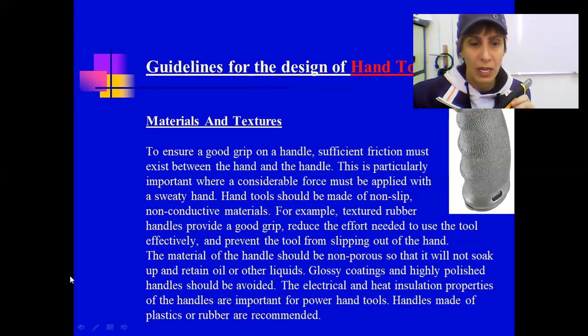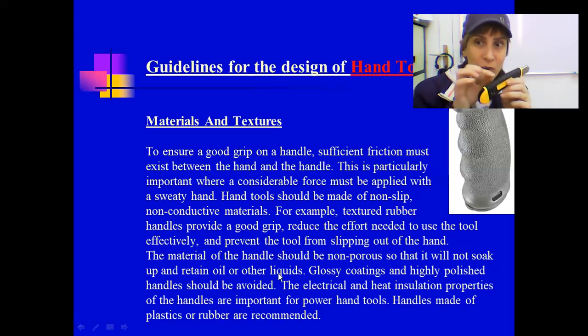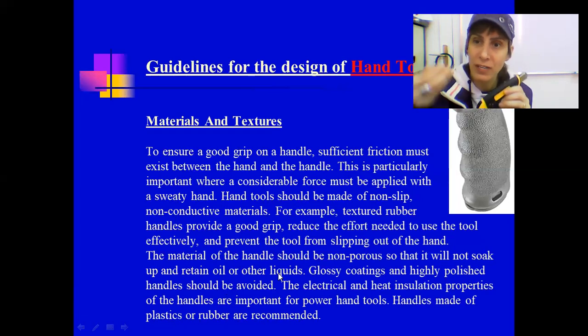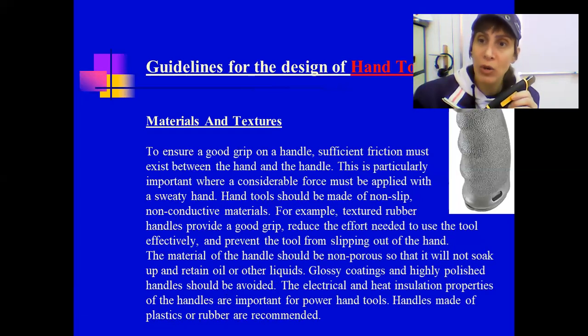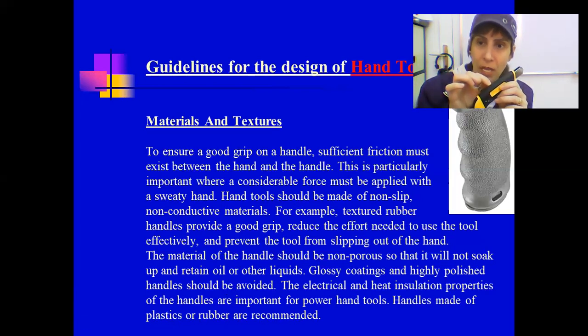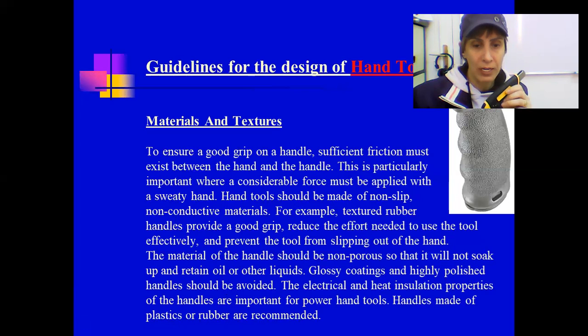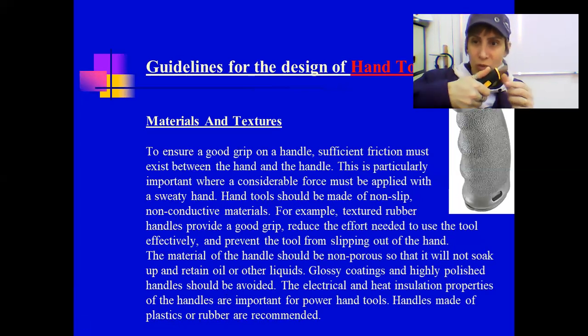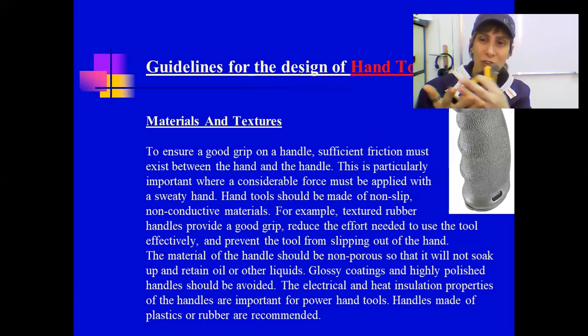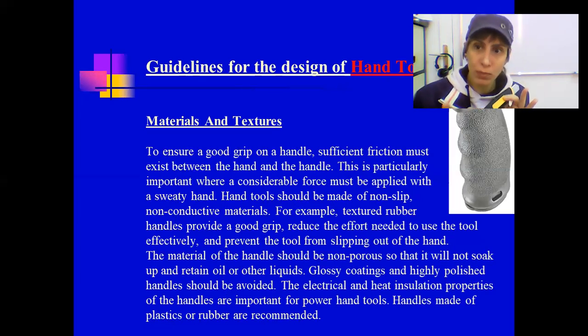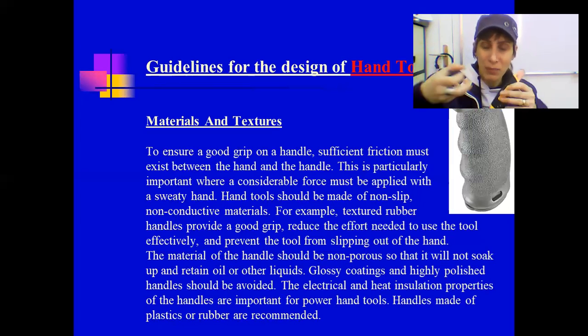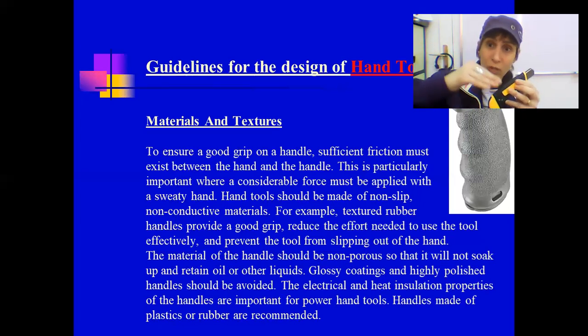So it will soak up and retain oil and other liquids. Porous materials allow liquids and oils to go inside of them, which is not a good idea. The handle of the tool, you use it a lot, and your hand is not always clean. So the material should be non-porous, not to let the hand materials and other materials go inside of it.